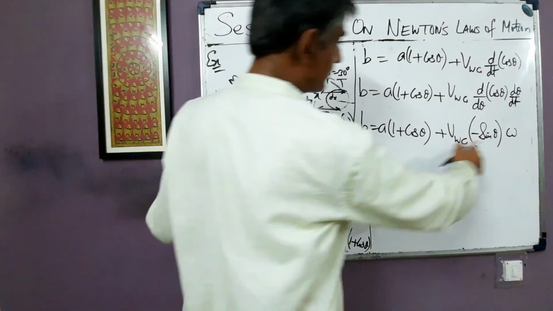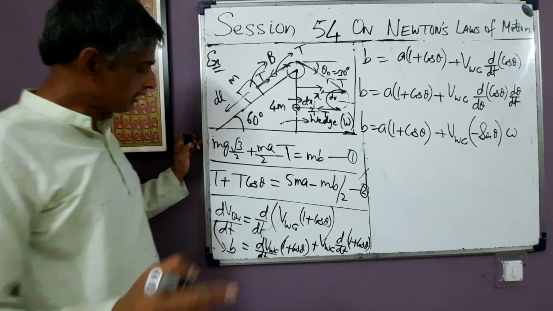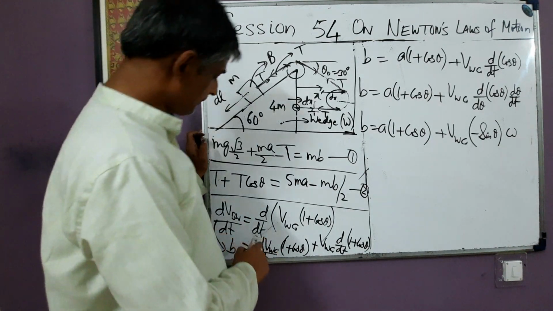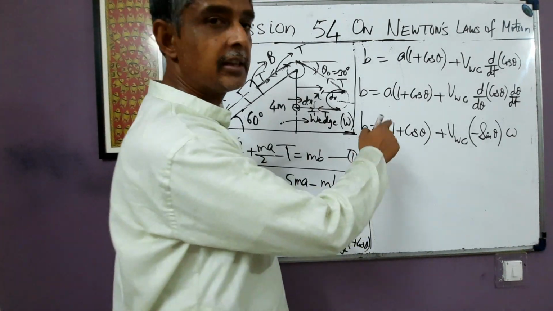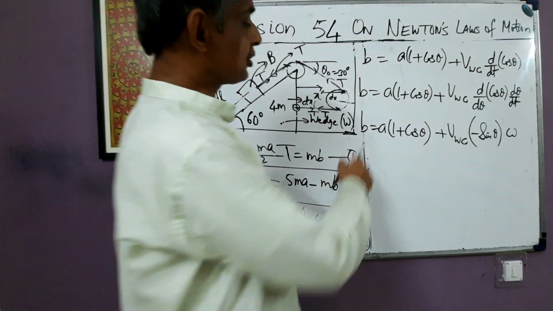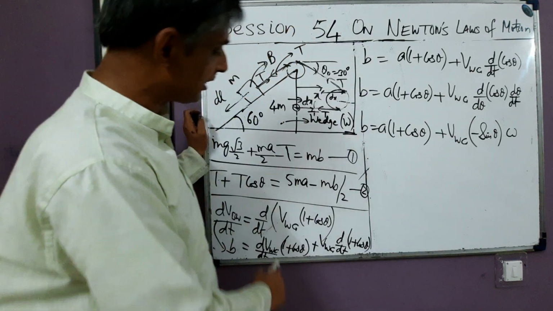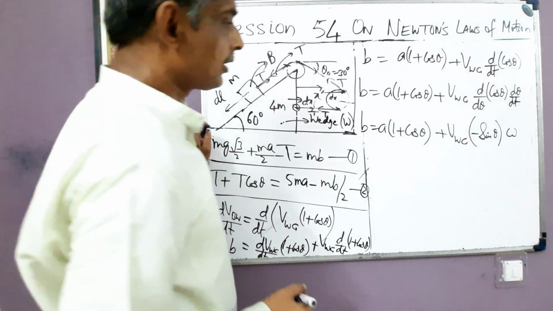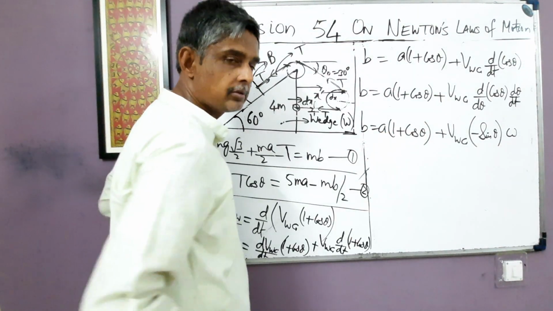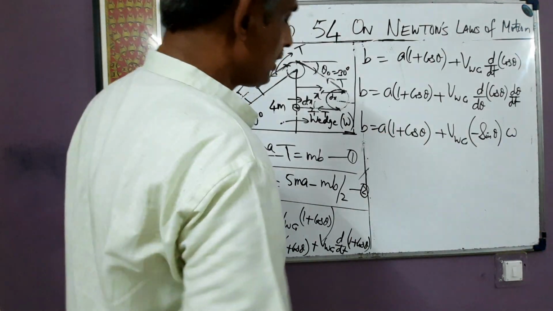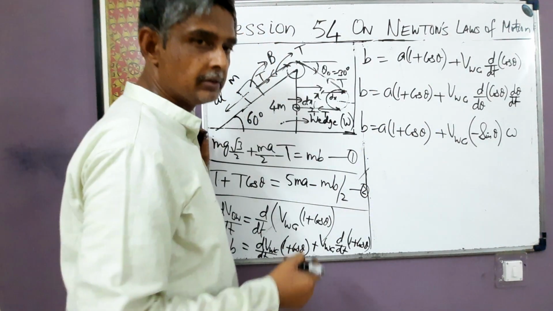Okay. So this is the constraint relation for acceleration. Note that the constraint relations for displacement and velocity are the same in format, but the constraint relation for acceleration is different in format. Now this is at an arbitrary instant, where omega is d theta by dt at some time t.